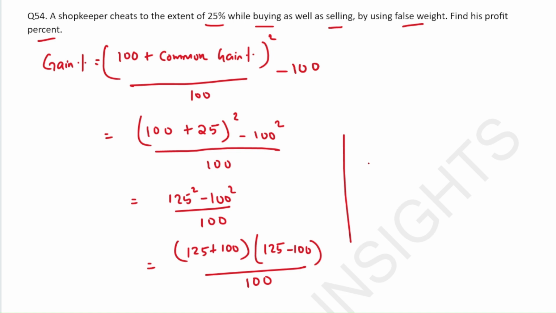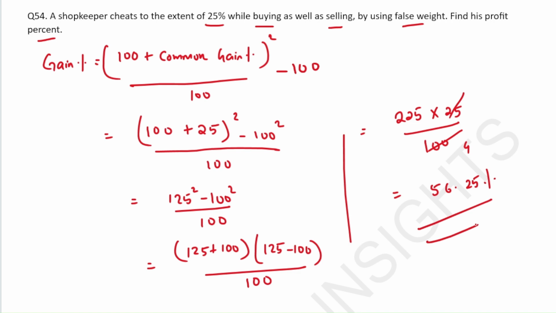So this will be 225 into 25 divided by 100. So 25 fours are 100, right? So 225 divided by 4, you will get 56.25%. So this is the answer.